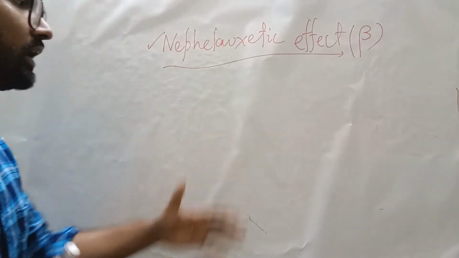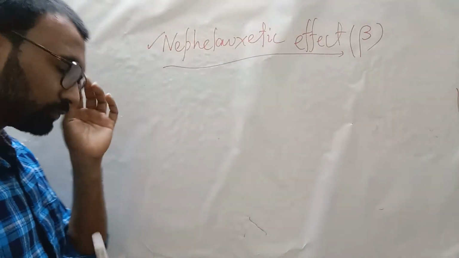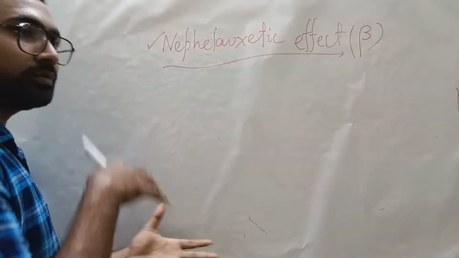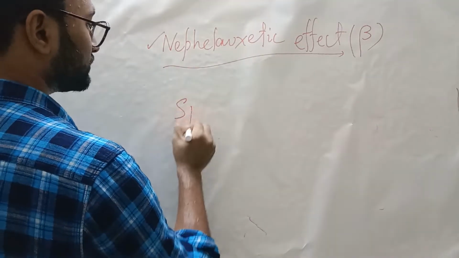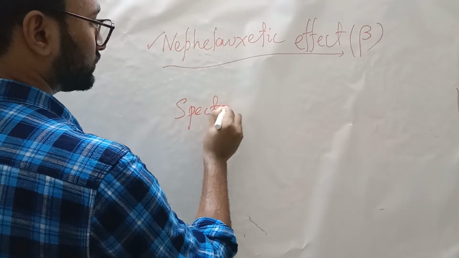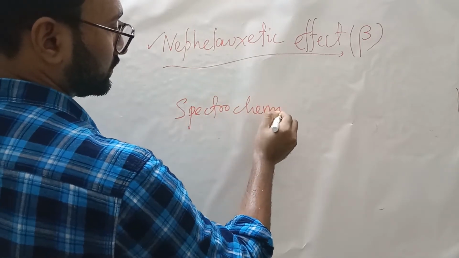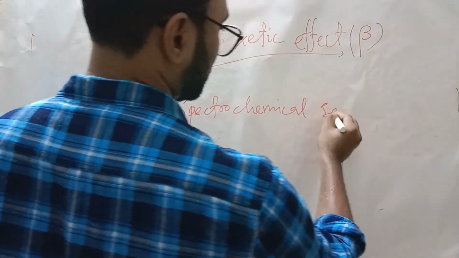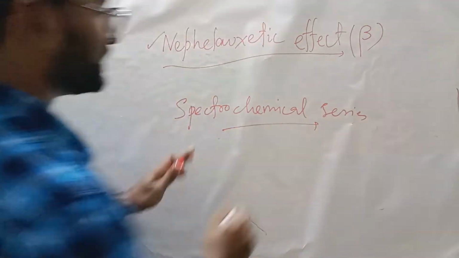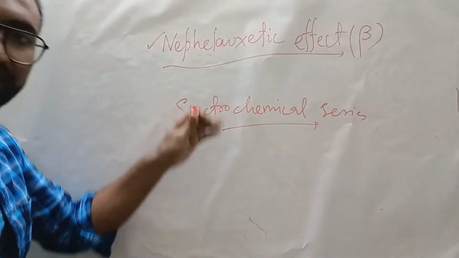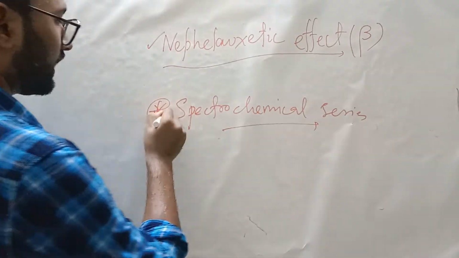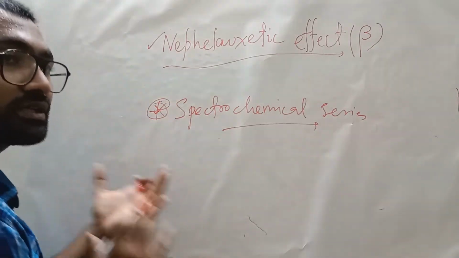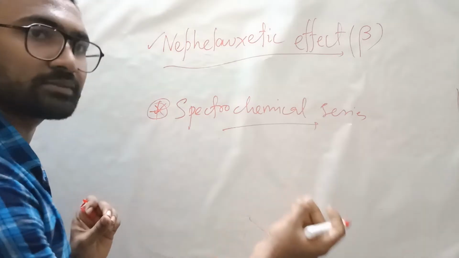One more thing, don't be misled: the spectrochemical series and the nephelauxetic series are totally different. The spectrochemical series gives the idea of how sigma donation affects the splitting.